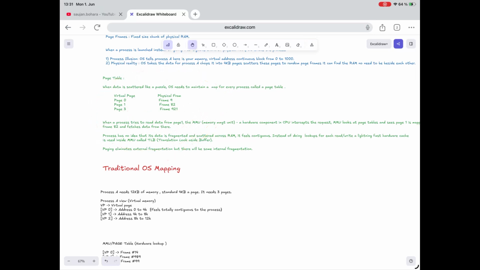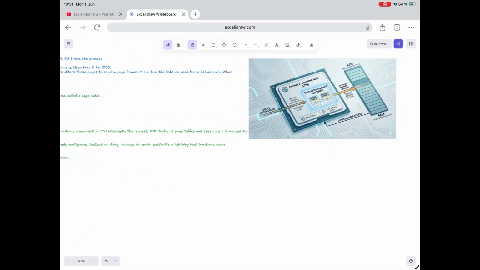And then there's this physical component called the memory management unit, right? It's a physical chip in the CPU which gets a virtual address. It does a lookup in its page table, and then it finds out that, oh, my virtual page 1 is in this particular physical frame, my virtual page 2 is in this frame. So this does all that lookup part. Of course, it will have some kind of cache, right?